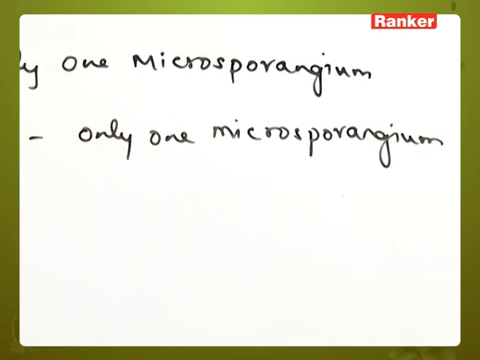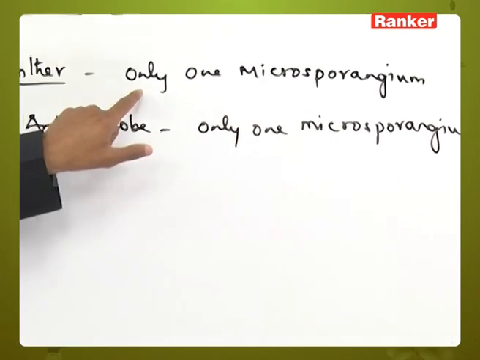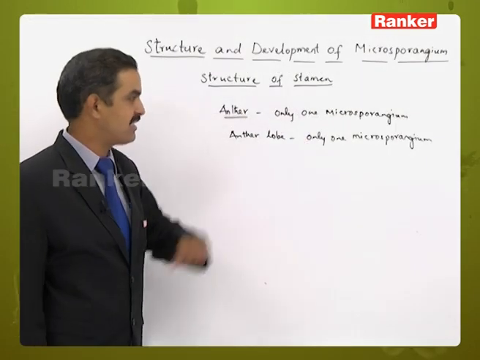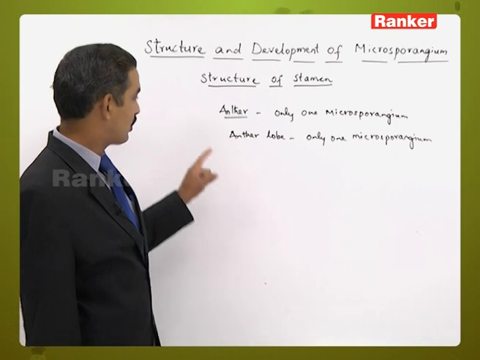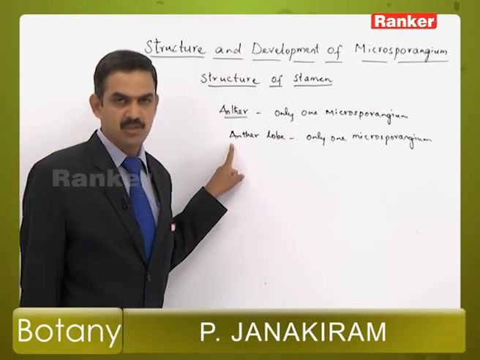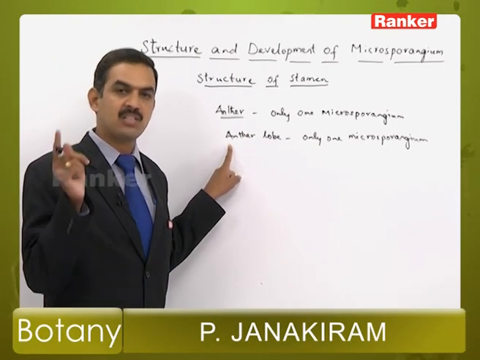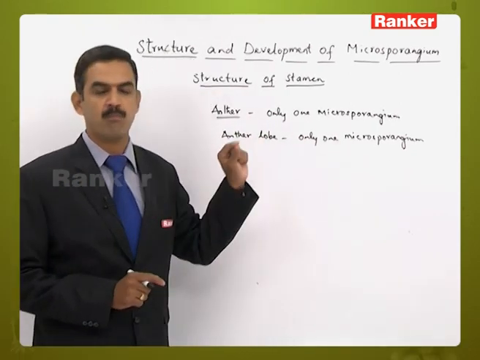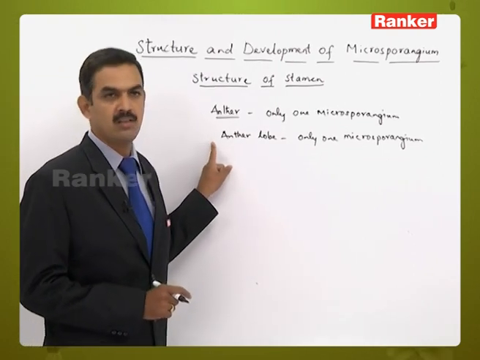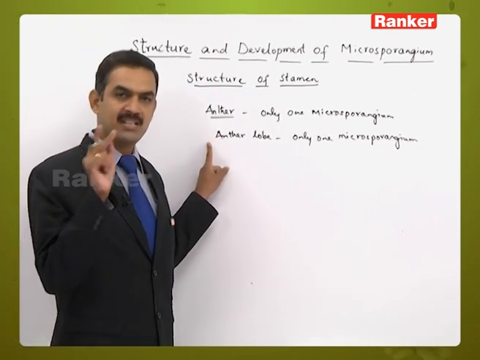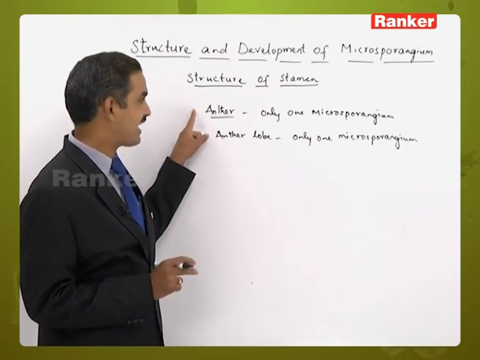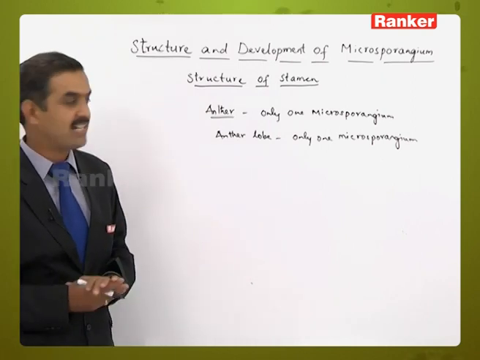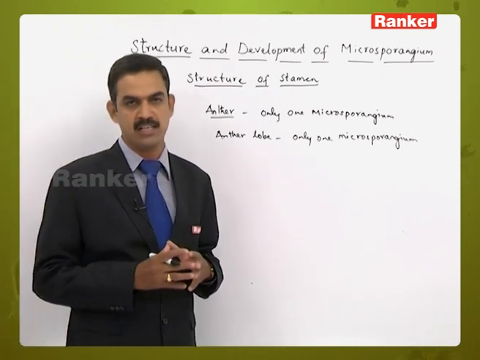So these are the two exceptional cases where one anther contains only one microsporangium, and one anther lobe of the anther contains one microsporangium. In the second condition, the anther contains two anther lobes and each lobe contains only one microsporangium. So the total number of microsporangia in this condition is two, but in the first, the entire anther contains only one microsporangium. These are some exceptional cases apart from the dithecous and monothecous conditions.